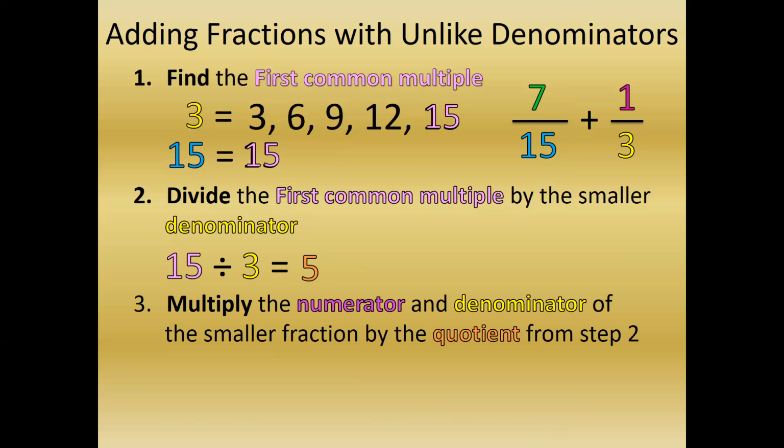Step number 3 is to multiply the numerator and the denominator of the smaller fraction, which is 1/3, by the quotient from step 2, which is 5. So what's 1 times 5? 5. And 3 times 5? 15. So our new fraction for 1/3 is 5/15.